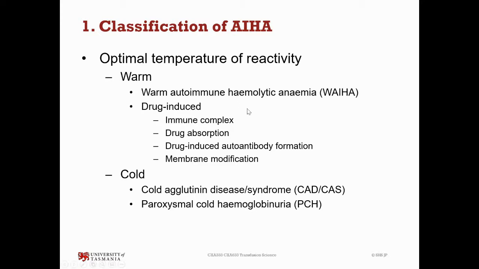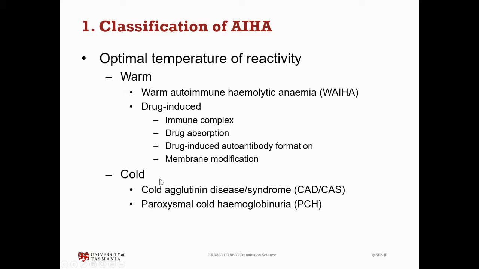So that's why it's often included under the warm subheading, and sometimes you'll find that it's a separate classification, but because the autoantibodies are usually warm reacting, then it is often included under warm autoimmune hemolytic anemias.